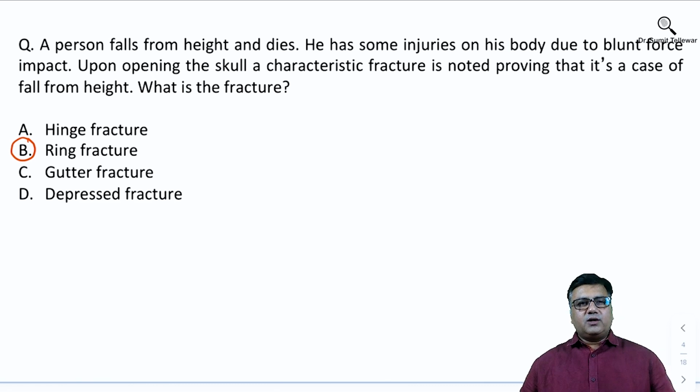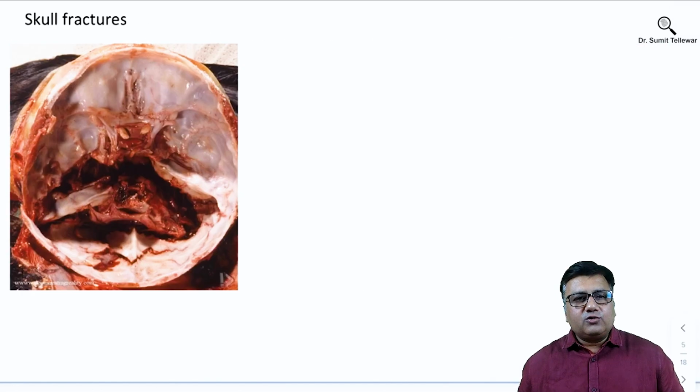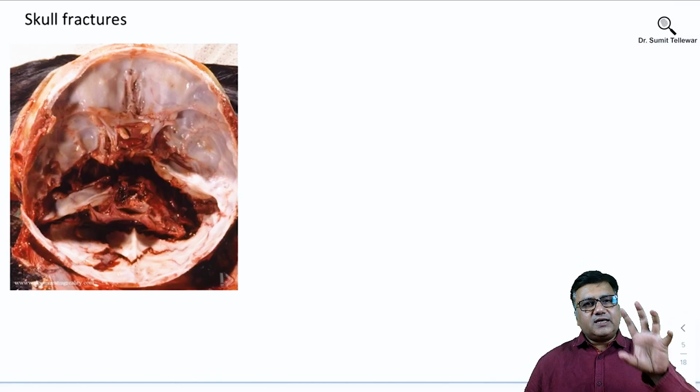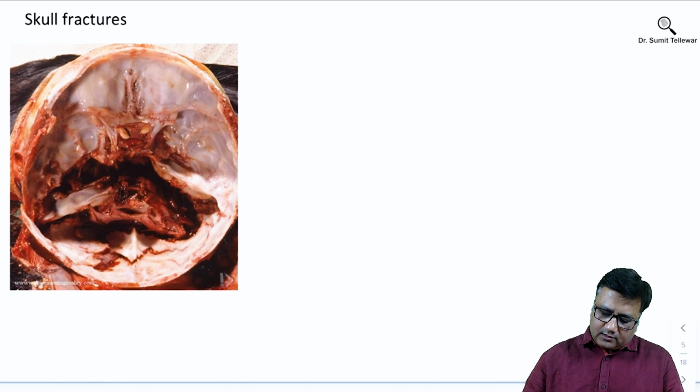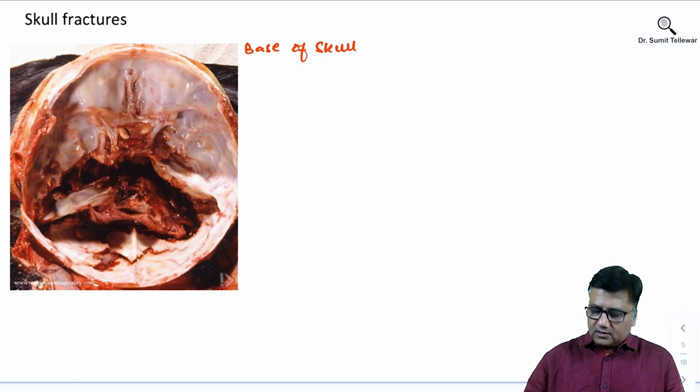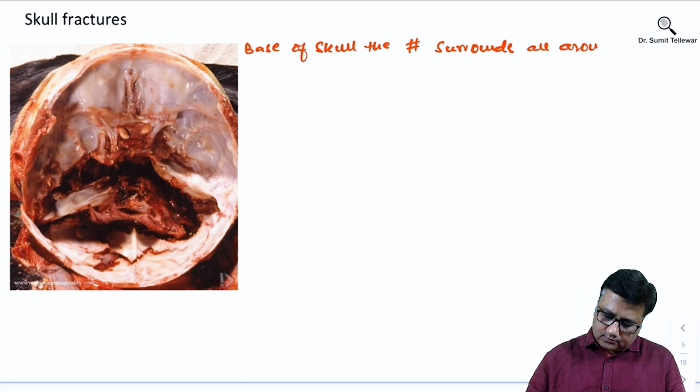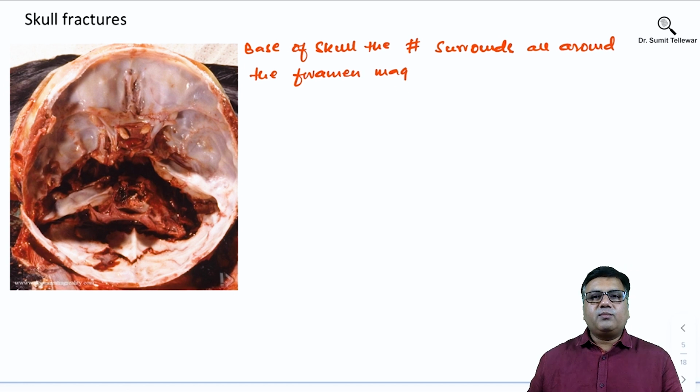Okay, let me show you a photograph of ring fracture. So ring fracture looks something like this. So if you'll see in this photograph, what do we see? In the base of skull, the fracture surrounds all around the foramen magnum, right?